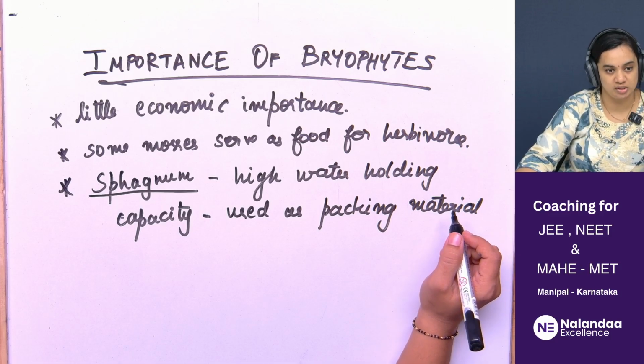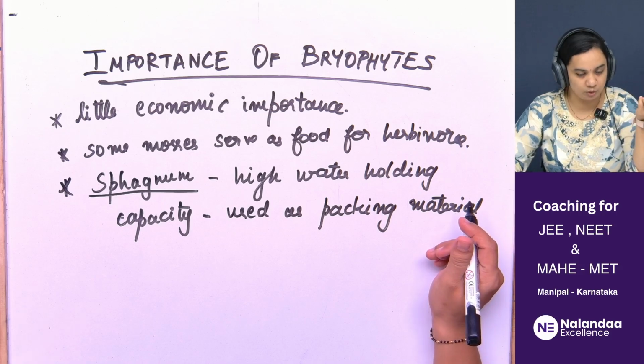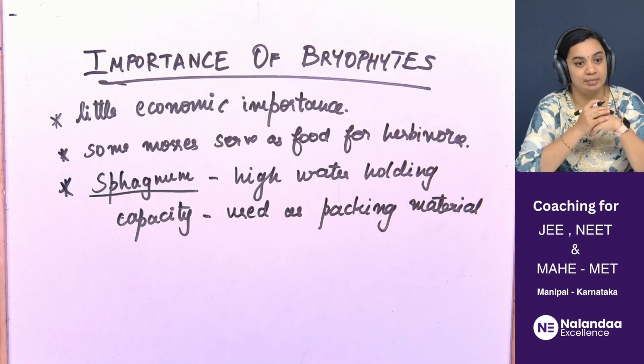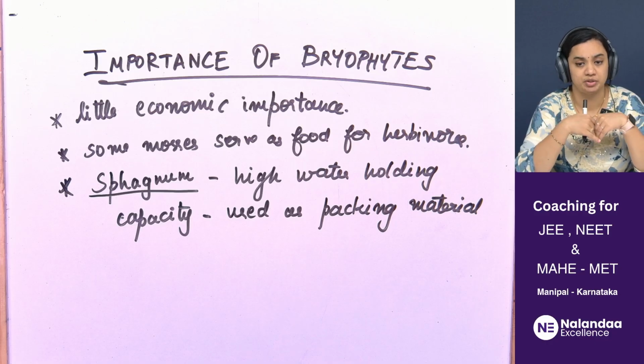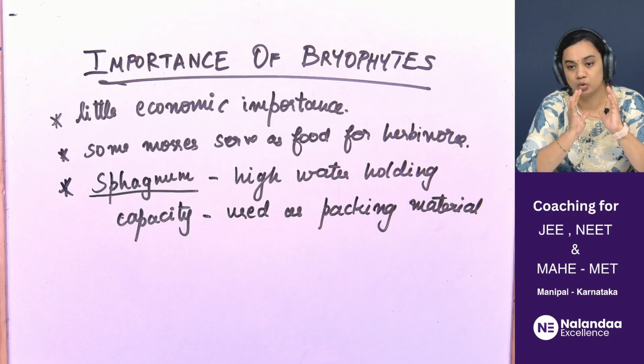Sphagnum, because it is spongy and has high water holding capacity, is drenched with water and wrapped around living material. For example, if plants have to be shipped from one place to another, they will usually be wrapped in a little bit of sphagnum so that they are kept in a cool condition.